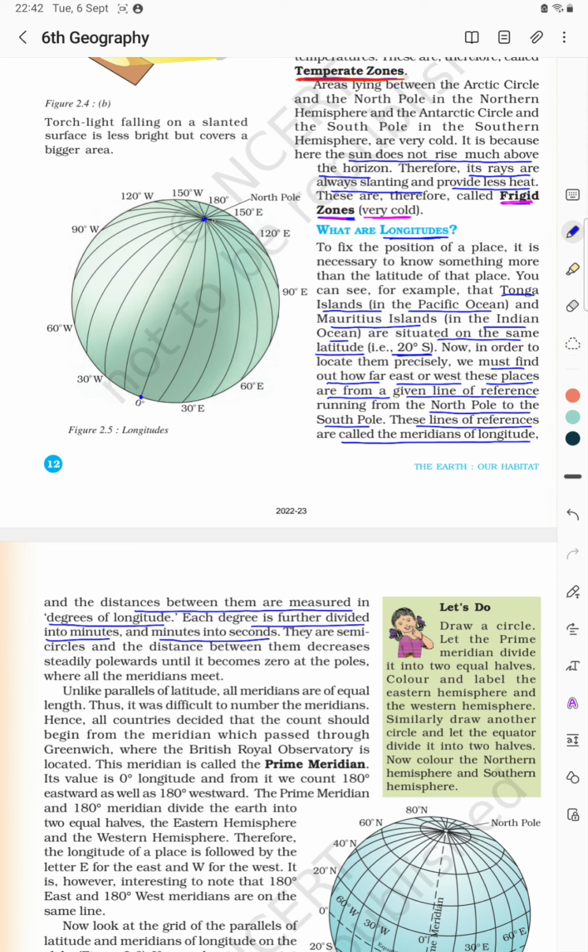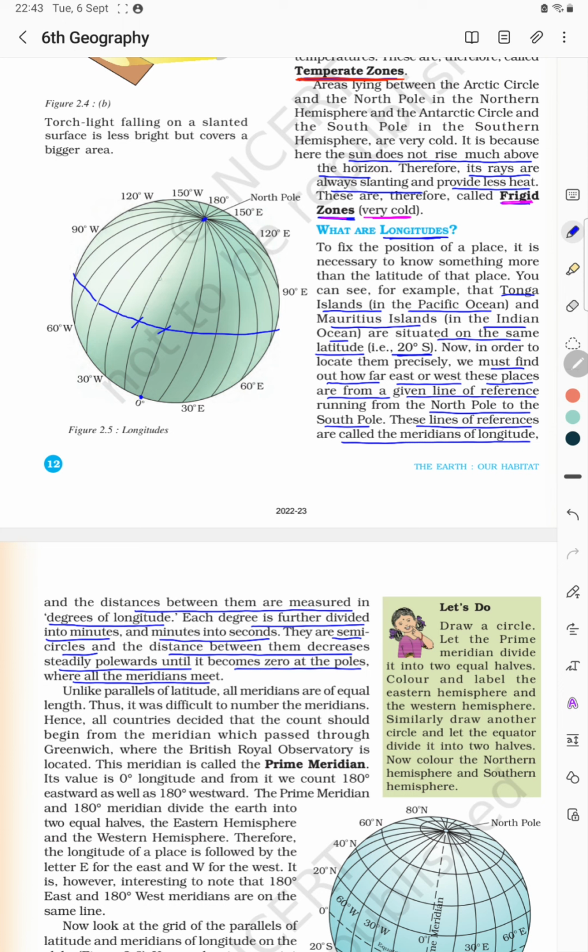Okay, so these are all semicircles and the distance between them decreases steadily polewards until it becomes zero at the poles where all the meridians meet. If I draw an approximate equator here, the distance between these two meridians of longitude is more.